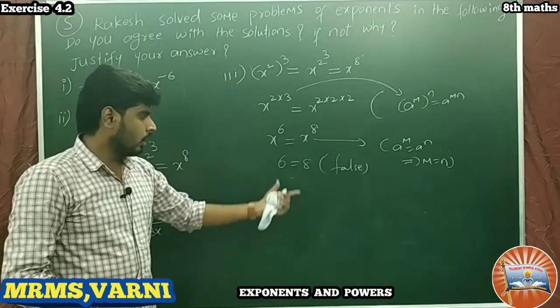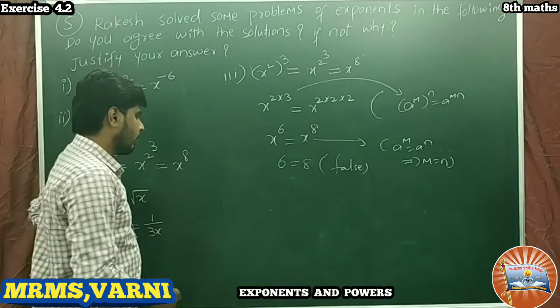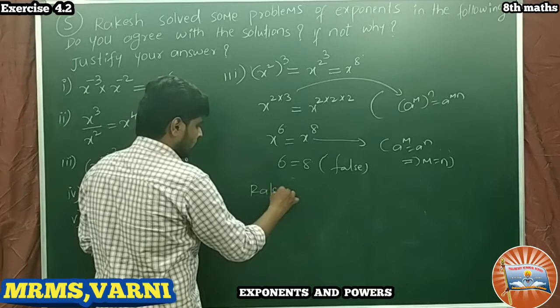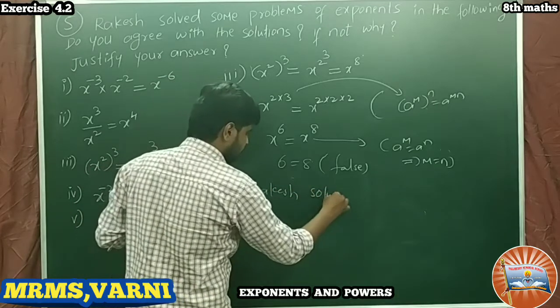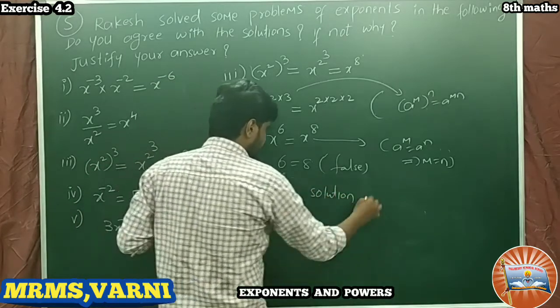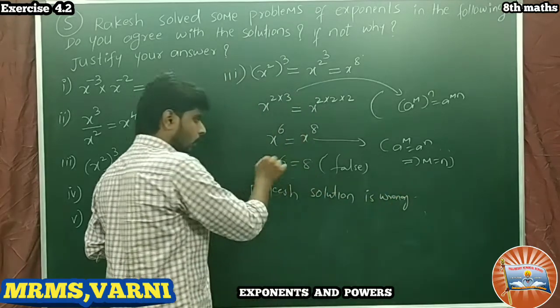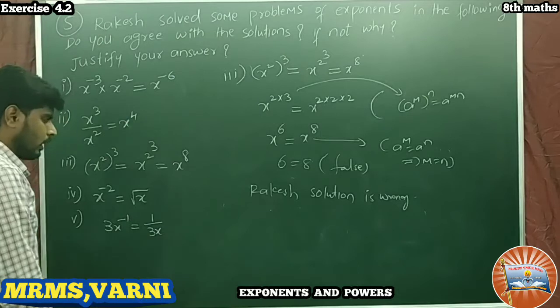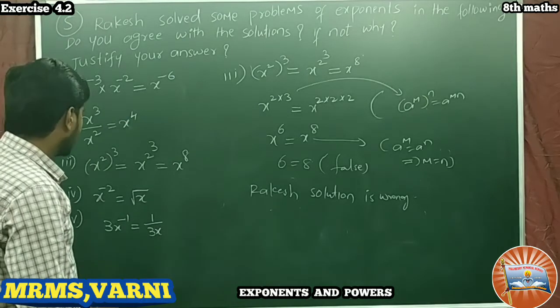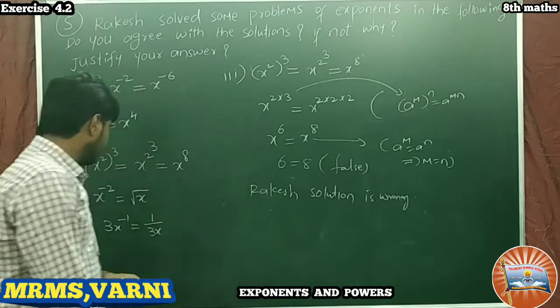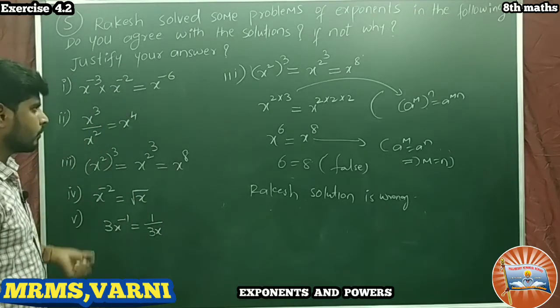Both are two different numbers, they can never be equal. So here also Rakesh's solution is wrong. Right. Next, go for row number 4.